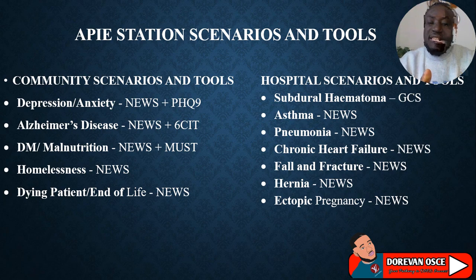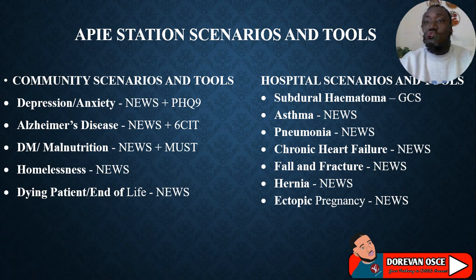Under the community, you can get a condition like Alzheimer's disease, and then you complete the NEWS chart and then the 6CIT. 6CIT is the six-item cognitive impairment test. You can also get dementia, diabetes mellitus, or patients suffering from malnutrition, and you'll be completing the NEWS chart and then the Malnutrition Universal Screening Tool, known as the MUST tool.